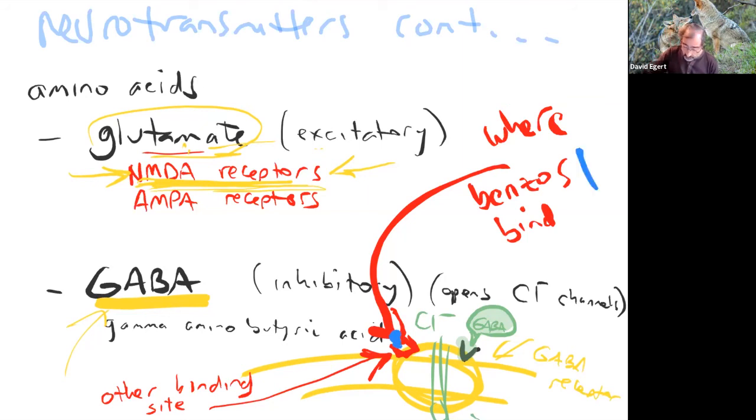The benzodiazepines aren't actually directly agonists or antagonists. Instead, they're binding another site on the receptor that makes the channel stay open longer.